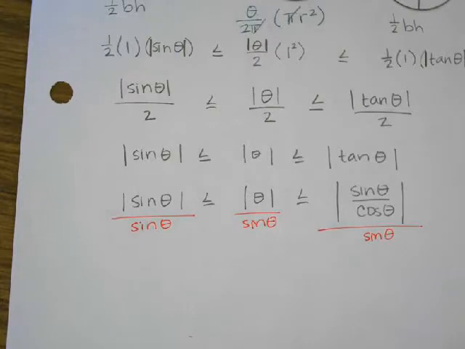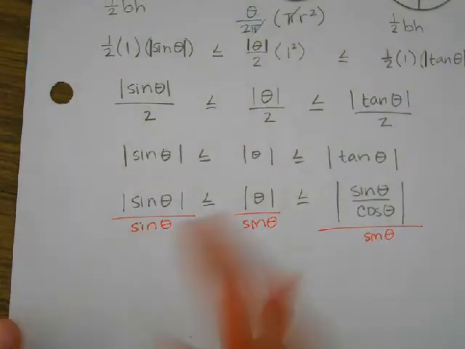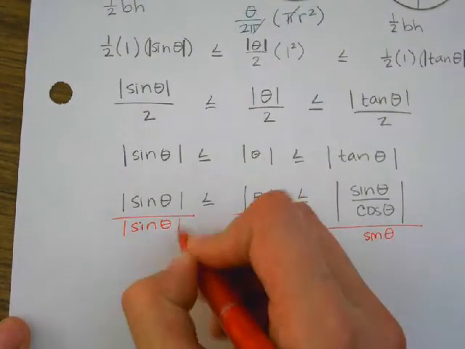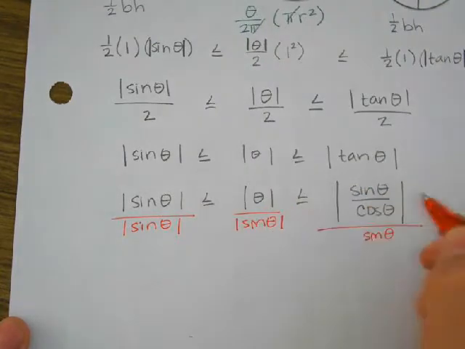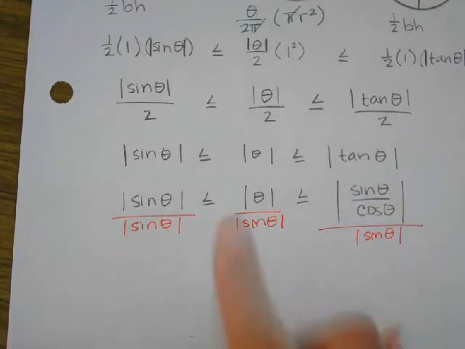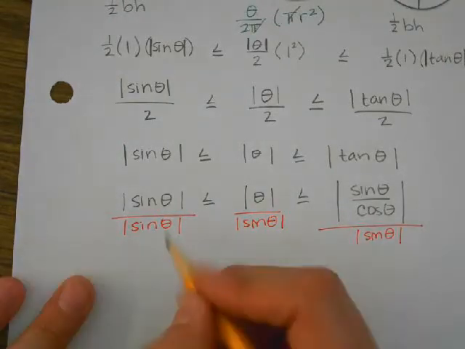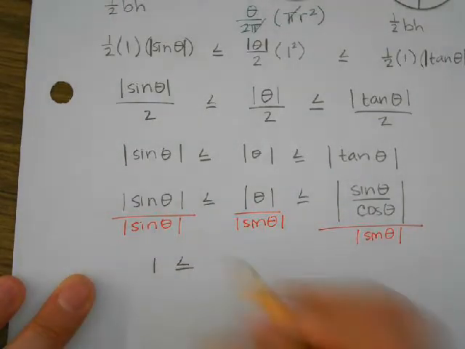I'm doing it because I know when I look ahead in the problem, it's going to help me out, and I don't have a better explanation than that. All right. So can somebody tell me, and these are all absolute value, what is sine divided by sine? It equals 1. So on the very left side over here, we just got a plain old 1 now. So that's good.